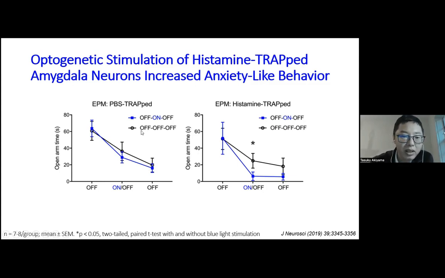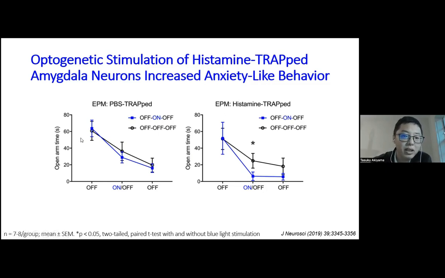In the case where the mice didn't receive the light, in the first 3 minutes we see about 60 seconds of open arm time, then in the next 3 minutes a slight reduction, about 40 seconds. In the last 3 minutes we see only about 20 seconds spent in the open arm.